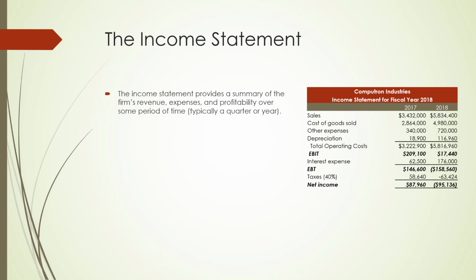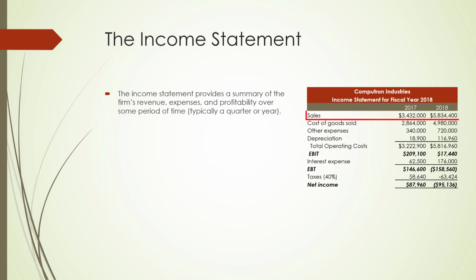So the income statement that they've given us is given here at the right. And the income statement, remember, provides a summary of the firm's revenue, expenses, and profitability over some period of time. And typically that would be either for a quarter or for a whole year. Now, in this case, remember that Computron has just undergone a major expansion.